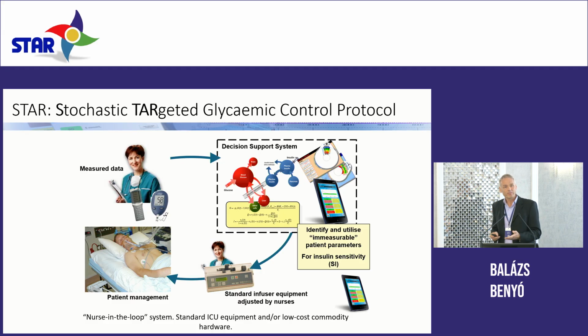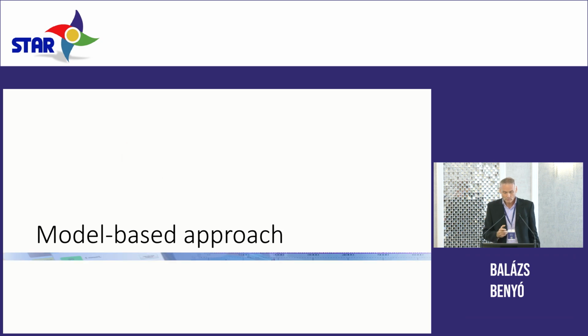And the clinical staff has the option to either accept, override or change the dosing. It's very important that in this control loop there is always a nurse, a clinician or a doctor. Of course, the main challenge is what is in those boxes and what methods we apply there, which you can see in the upper right corner.